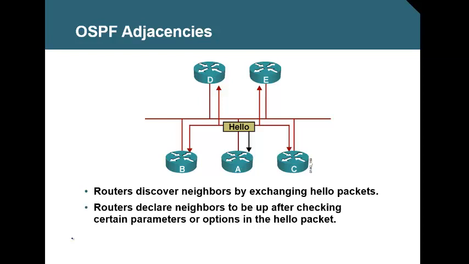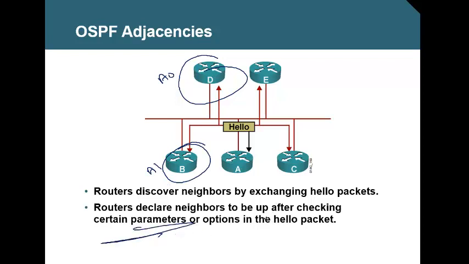Likewise, for a router to form a neighbor, the hello should have a few things to match with the local router. If D is, let's say, area 0, and B is area 1, then the parameters won't match. The area ID is one of the parameters that should match for forming adjacency.